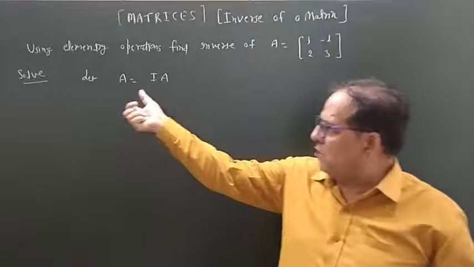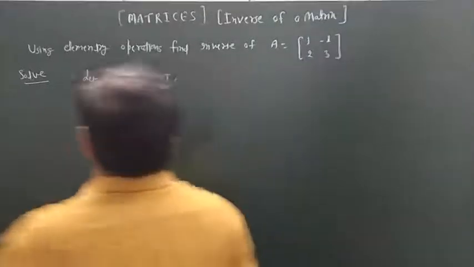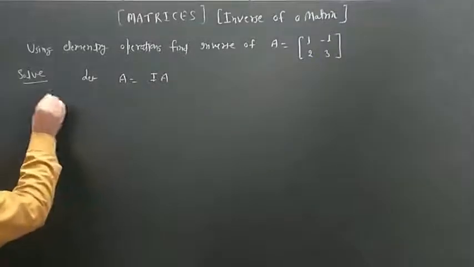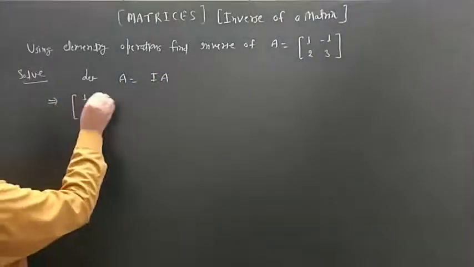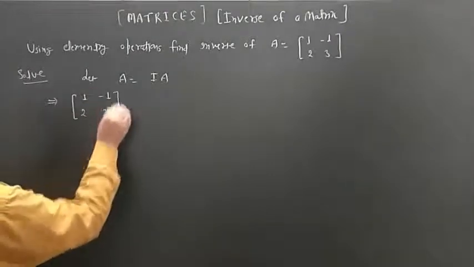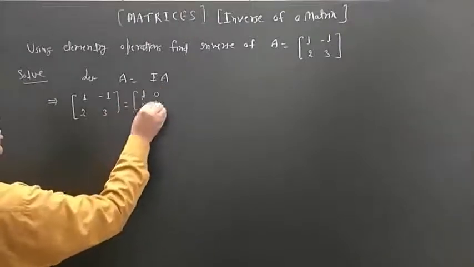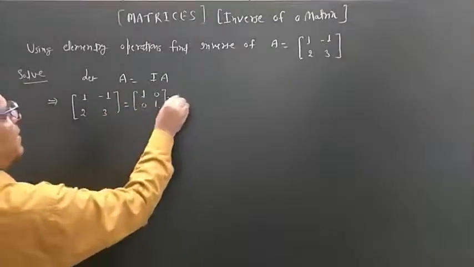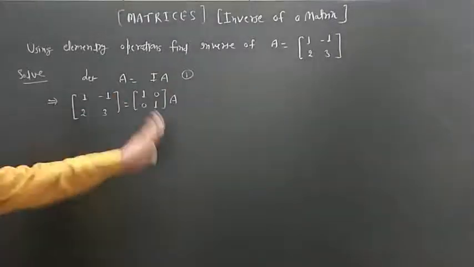So first, in this question we apply the row operation. So we use here A equal to IA. Now the value of A is [1 -1; 2 3], I is the identity matrix [1 0; 0 1], and A is the same. This is question number one.